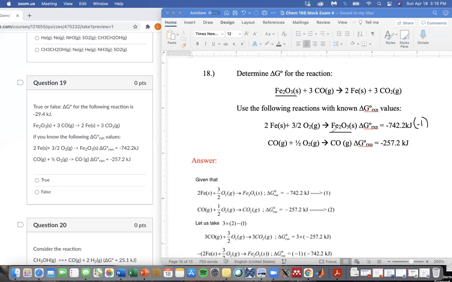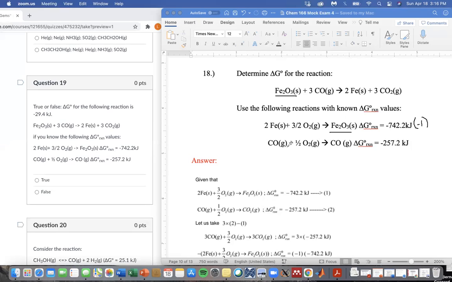Because you're flipping it around, you multiply by -1, since now we're going in the opposite direction. You only wanted 1 mole of Fe2O3, and you have 2 moles of Fe, so we should be good as far as flipping this one around without having to multiply by anything.